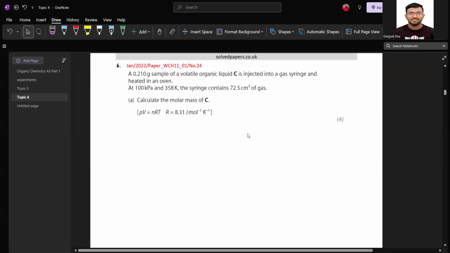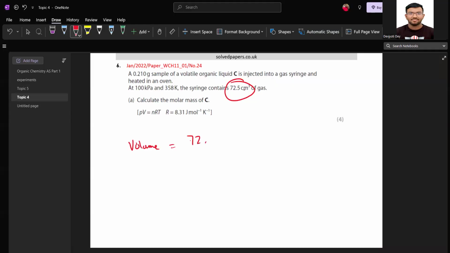All right, a sample is provided, as you can clearly see, and you need to solve this. The first question is to calculate the molar mass of C. Let us first convert the volume into meter cube. You got 72.5 cm cube.